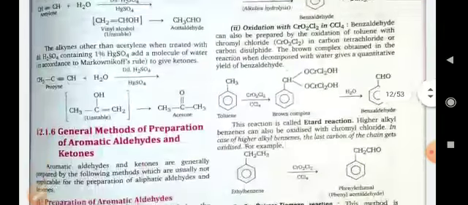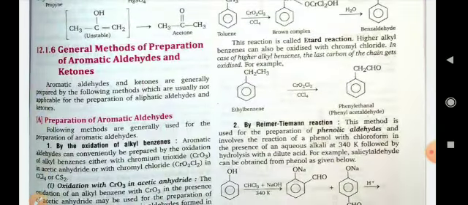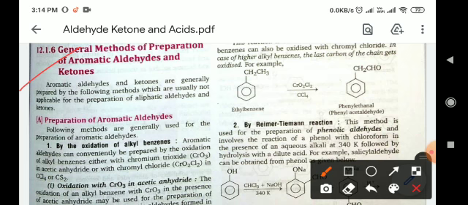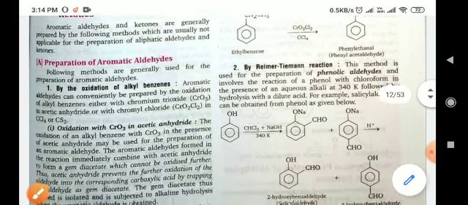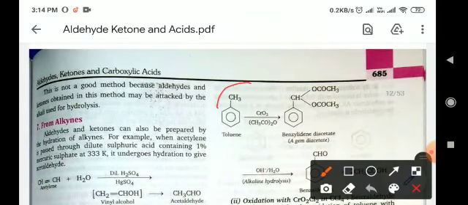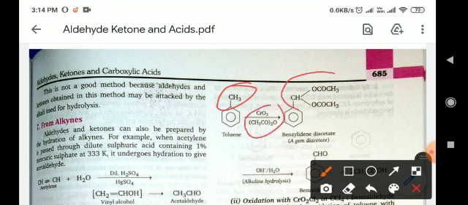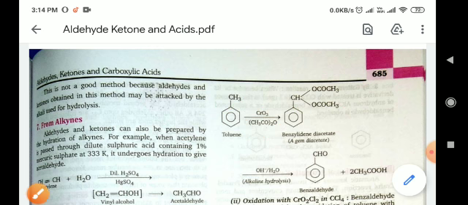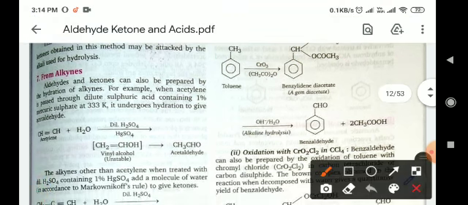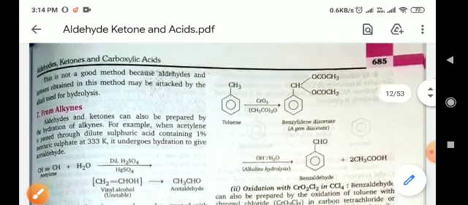Now we come to the general methods of preparation for aromatic aldehydes and ketones. So here also you will use the oxidation method. In the oxidation method, what happens? Toluene, in which a CH3 group is present on the benzene ring, in the presence of chromium oxide gives this intermediate product, and after the reaction of this it will convert into CHO. So it is the basic reaction.